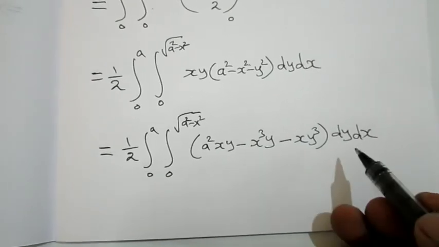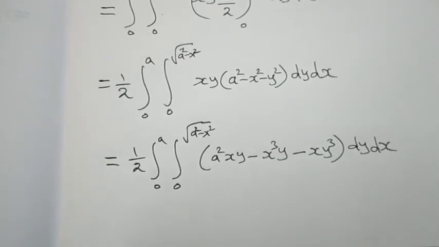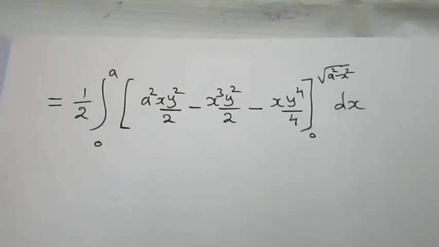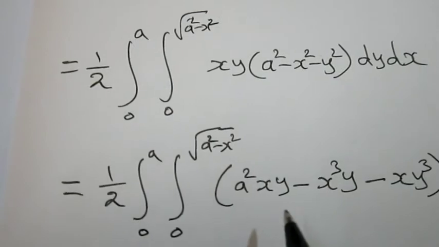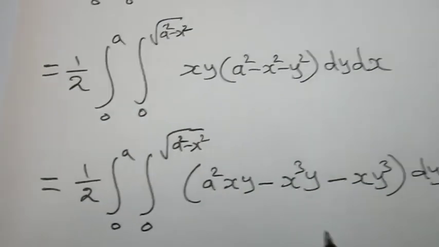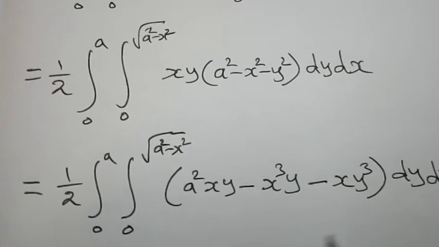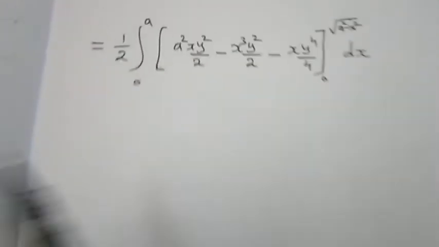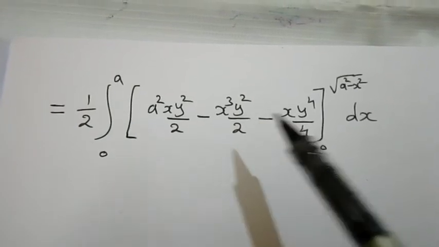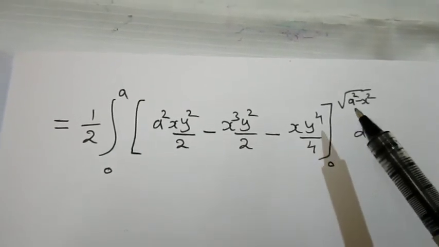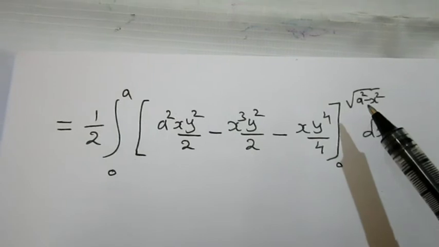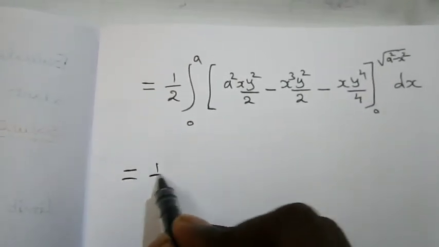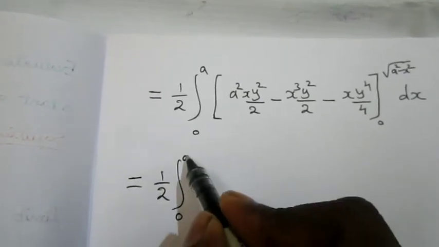Next I am going to integrate with respect to y. The integral is y²/2, this is also y²/2, and here y⁴/4, with limits 0 to root of a² minus x².